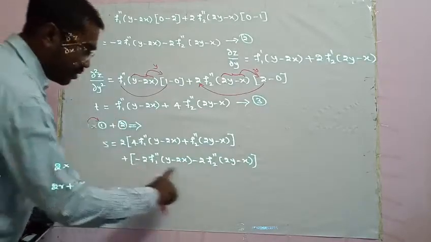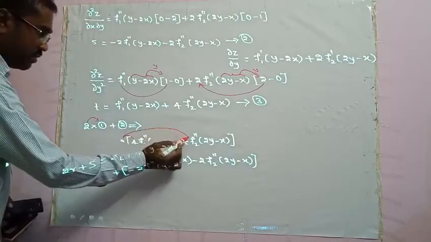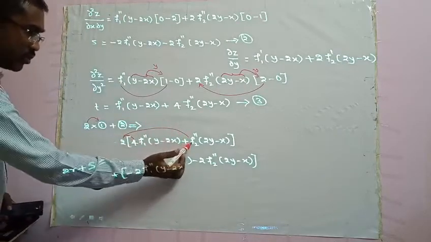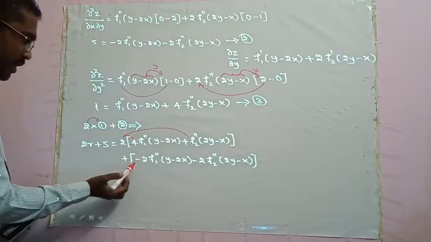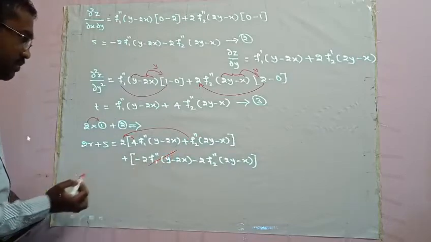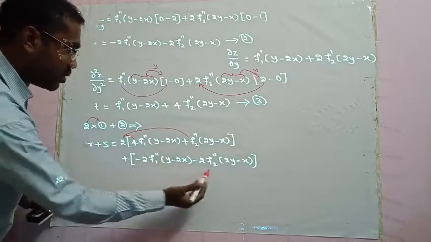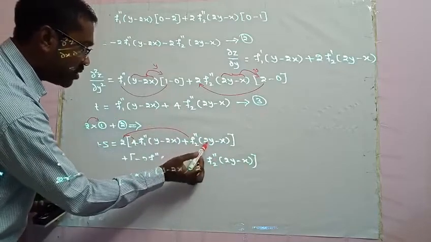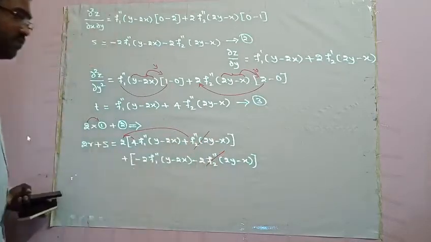Now if you multiply this 2 inside here and here, it gets 8 times and here 2 times. 2 times f2 double dash and minus 2 times f2 double dash, not this one, because these 2 will be same. 2 times f2 double dash of 2y minus x, and this 2 will get cancelled after multiplication.